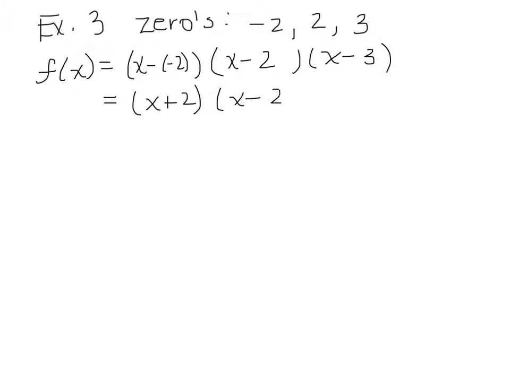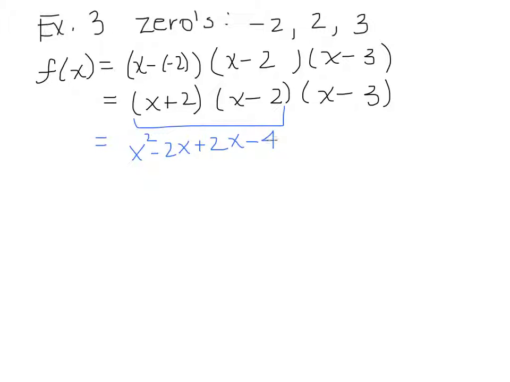So what we're going to do is we're going to multiply these out, and I'm going to FOIL the first two first. So I'll get x squared minus 2x plus 2x minus 4. Notice these two cancel. So I'm left with x squared minus 4.